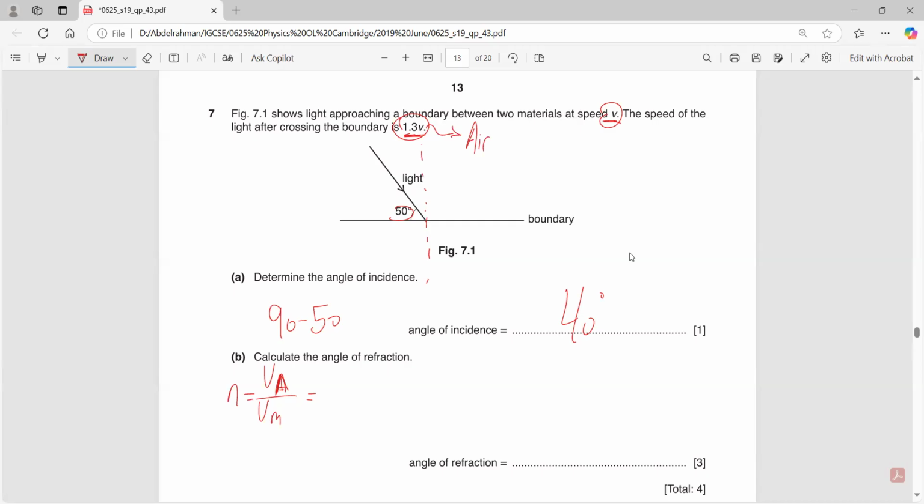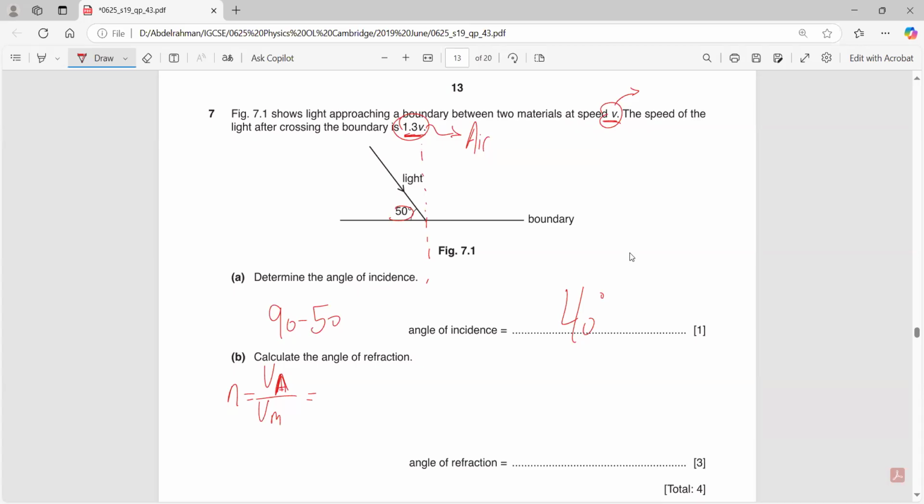If you say that v is the speed of light in air, which is 3 times 10 to the power of 8, then 1.3 times 3 times 10 to the power of 8 would give you a number much larger than 3 times 10 to the power of 8. I guess it would be around 4 times 10 to the power of 8.